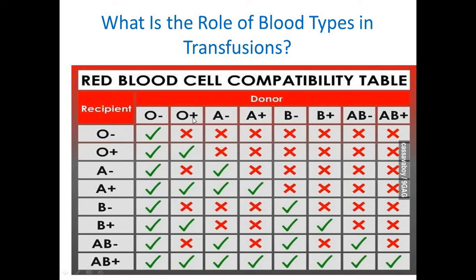Because this Rh develops the clumping protein in the plasma of the recipient, causing the type O plus to clot. It can give here O and can give plus. As you can see, it can give only to the person who has Rh factor.